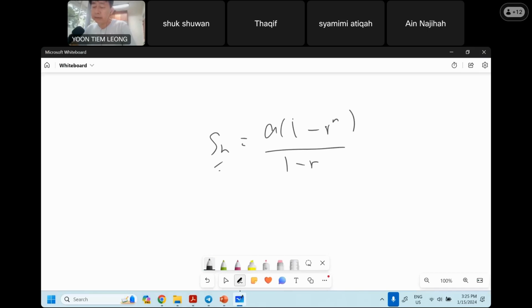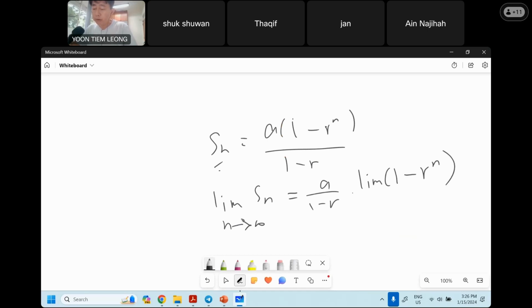Sn itself is an expression of a sequence in n. So we ask the question, what is the limit of the sequence of Sn when n goes to infinity? Since a and 1 minus r are just constants, I can pull out the constants, then the rest will be appearing in 1 minus r^n.